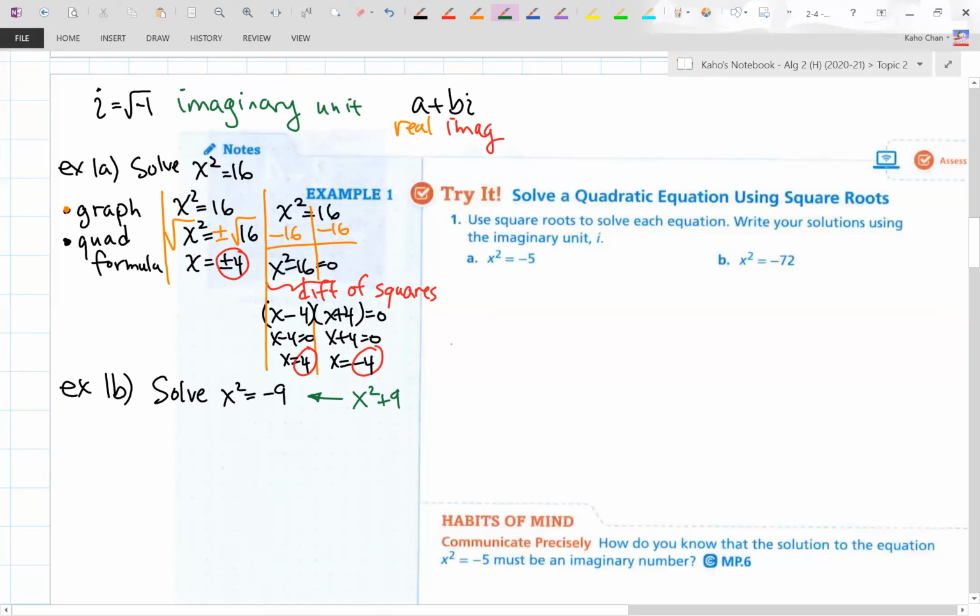That would be a parabola above the x-axis, wouldn't it? At +9. Just a reminder of that, just from the opener. Question is, how do we do this algebraically without having to deal with the graphing? So obviously the opposite of x squared is square root both sides. That's our next step.